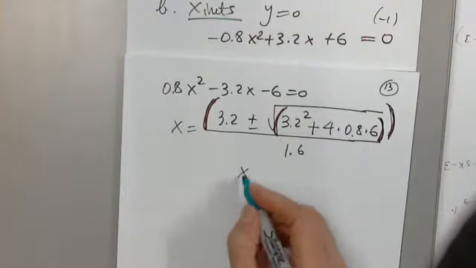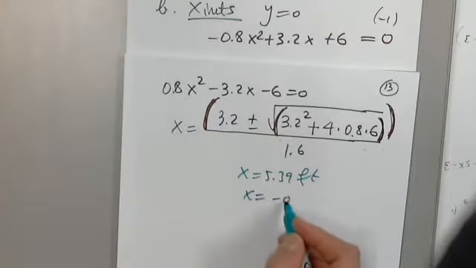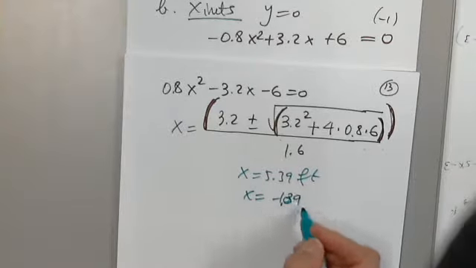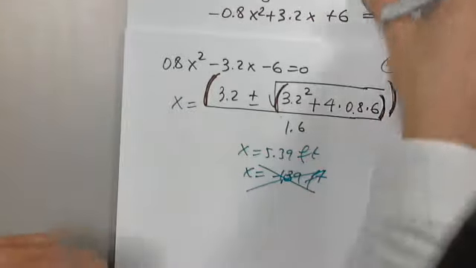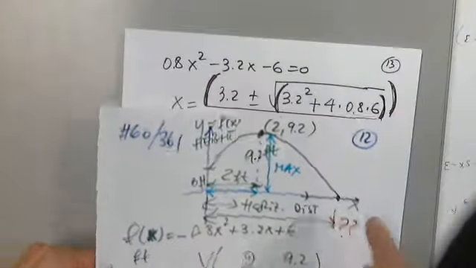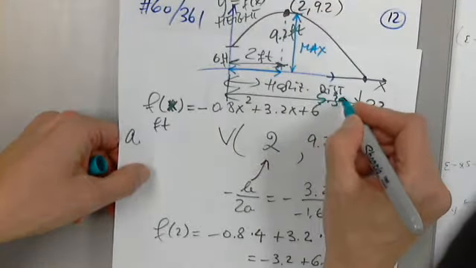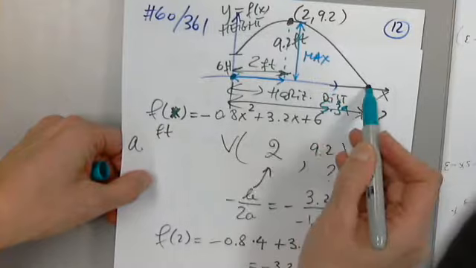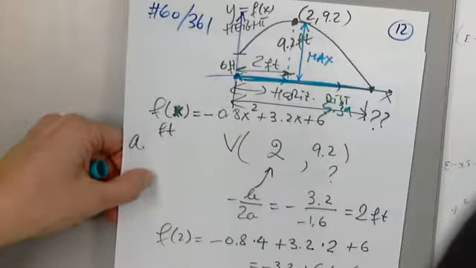So x equals 5.39 feet. X equals negative 1.39 feet is not acceptable. So this is the horizontal distance, maximum horizontal distance, 5.39. From this point till this point. 5.39 feet.